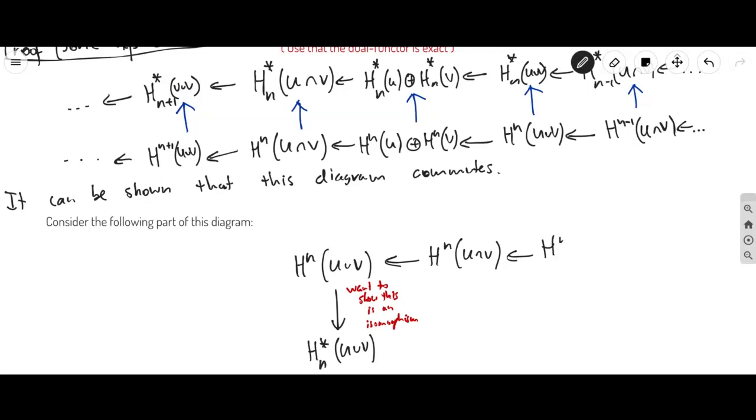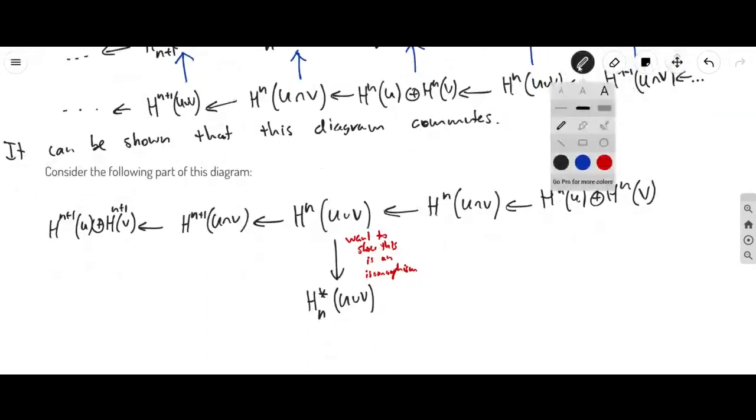And here we have H^n(U) ⊕ H^n(V). Then the one that goes after that, the dimension will go up, so it's H^(n+1)(U ∩ V), and then H^(n+1)(U) ⊕ H^(n+1)(V).